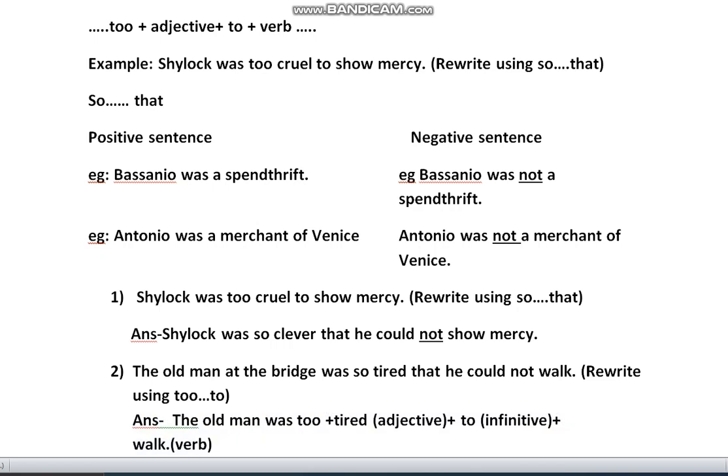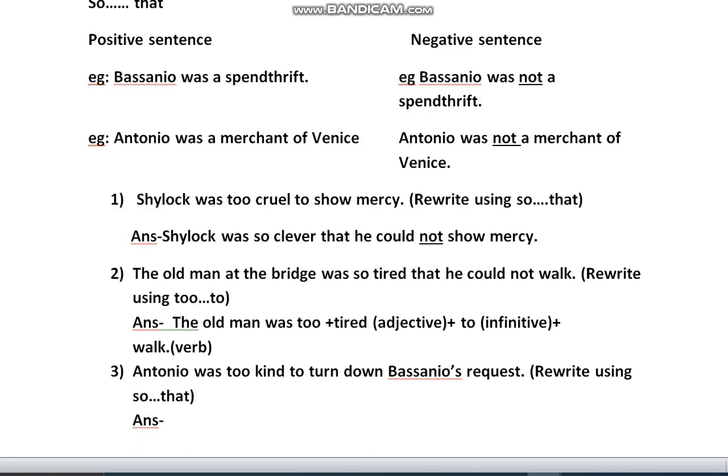Now the third one. This third question says, Antonio was too kind to turn down Bassanio's request. Here, the adjective is kind, as in kindness. The verb is turn down. It's a phrasal verb that means to reject. So the verb is turn down. You have to rewrite the sentence with so that.